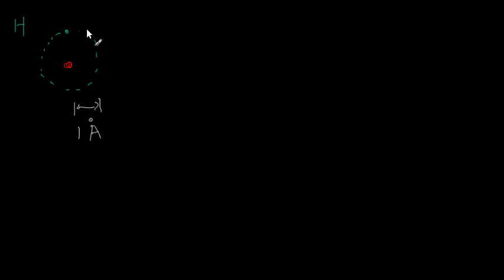Now, the electron is kind of forced to stay around the atom by the attraction from the proton. So there's this restriction, this force that makes the electron stay around here instead of just drifting away.